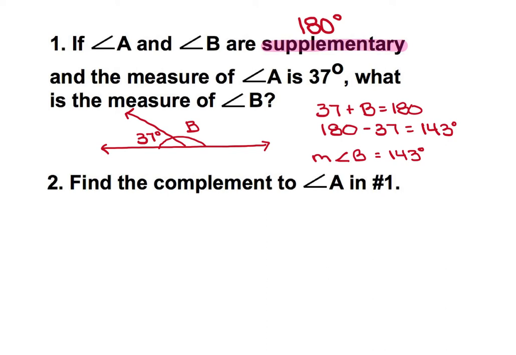All right, number two. Find the complement to angle A. What is complement? That's 90 degrees. And complements create those corners, create those 90-degree angles. And what do we know angle A is? Okay, so we have a 37 degree, and we're trying to find the complement.